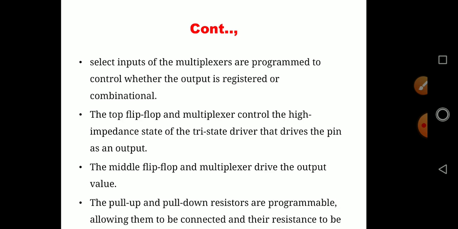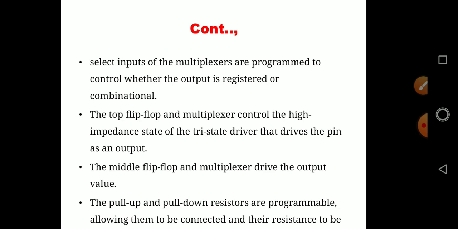Then the pull up resistors and pull down resistors, which are connected to the load, are also programmed, so we can change the resistance according to the system. There are also output drivers and input drivers.